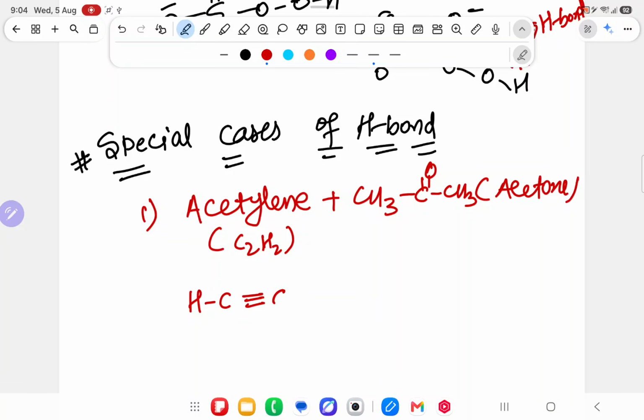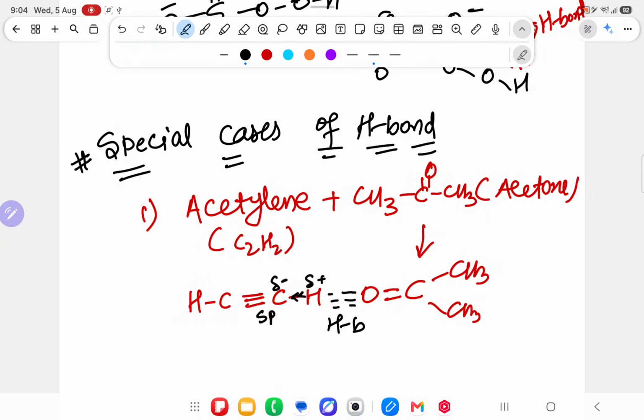HC triple bond CH, and over here C double bond O and CH3, CH3. This structure I have drawn like this. Now you will say, sir, this triple bond is sp hybridized, more electronegative, so it will take electrons, this will get delta negative, this will get delta positive, and over here oxygen is there, so it will also form a hydrogen bond.